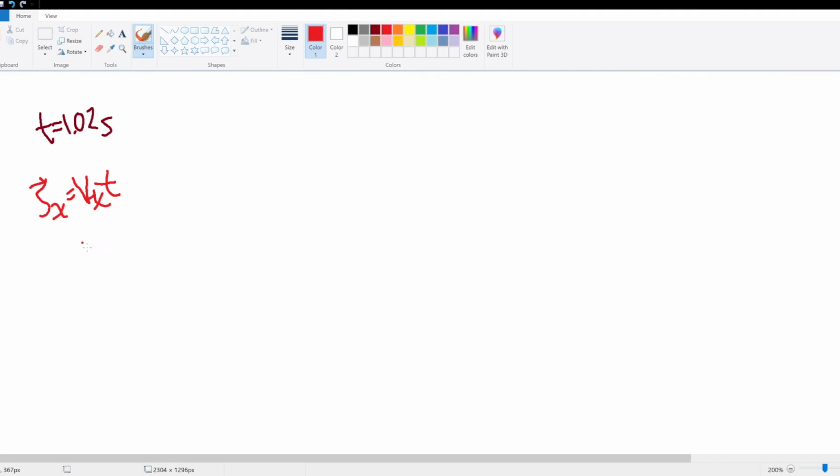All we have to say is 10 cosine of 30 degrees, which is 5 radical 3, times t. So 5 radical 3 times t is equal to Sx. It's equal to our horizontal distance.